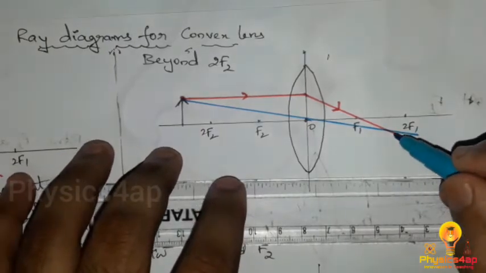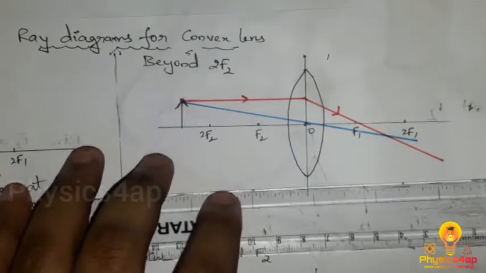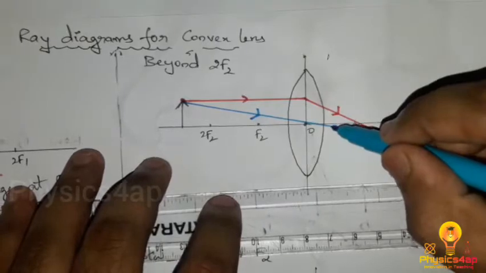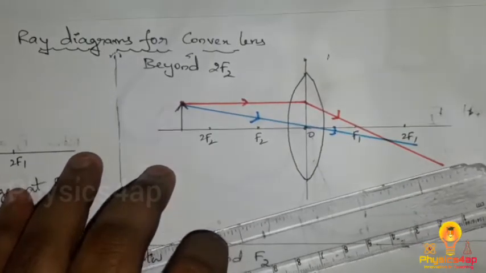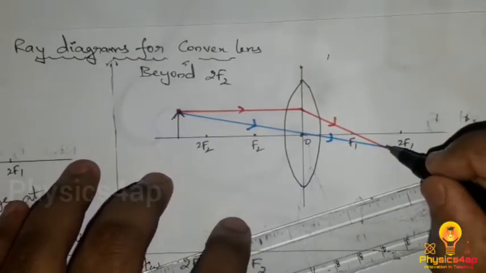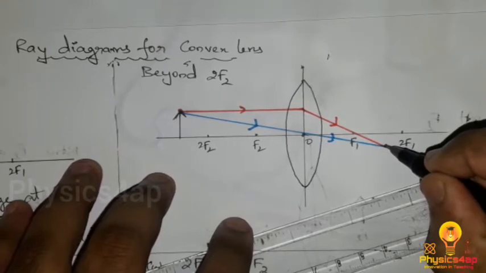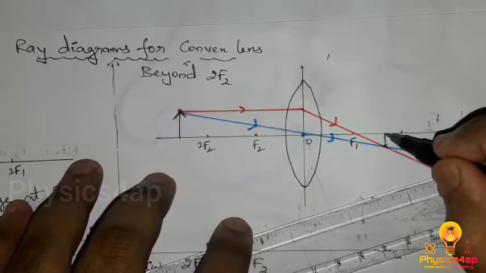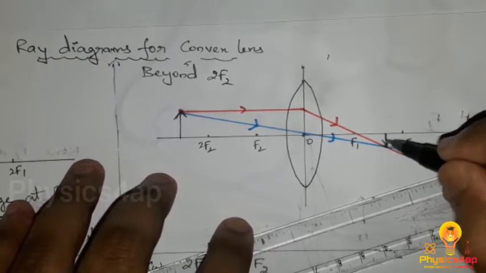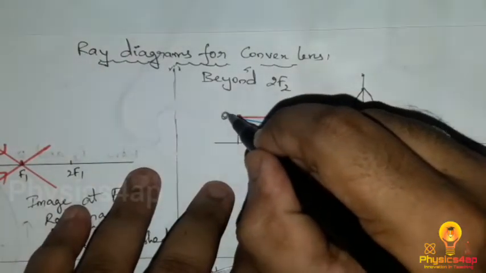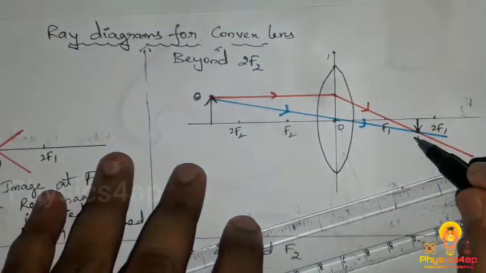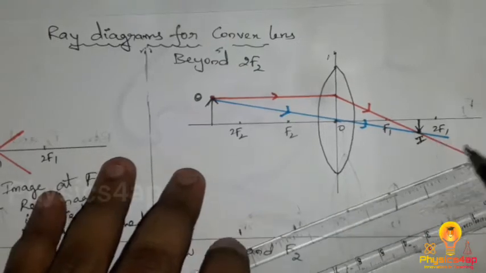Where the two refracted rays intersect, there we get the image. So here at this point we get the intersection, so here we get the image. This is the object and this is the image over here.